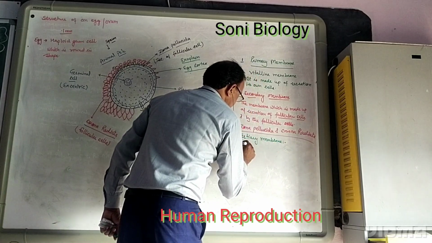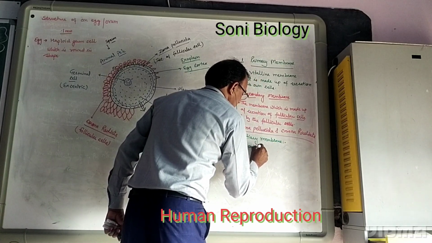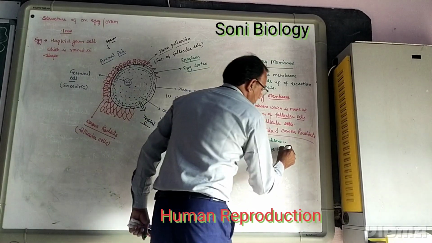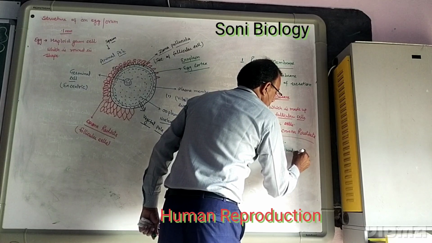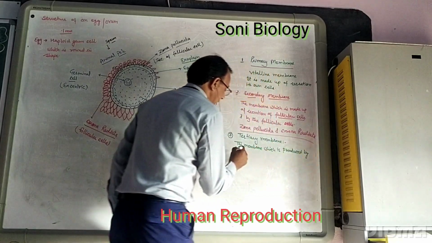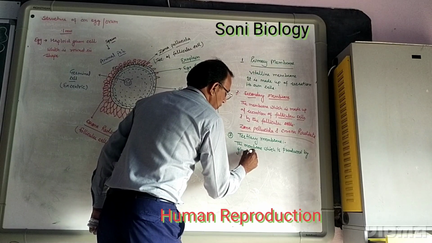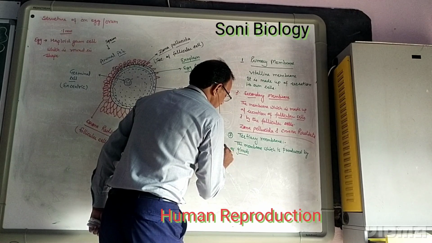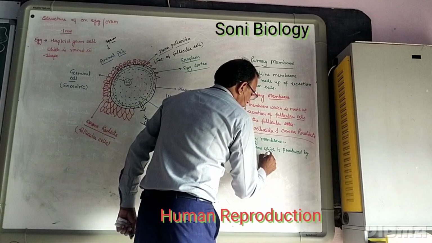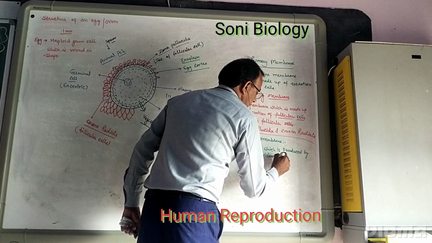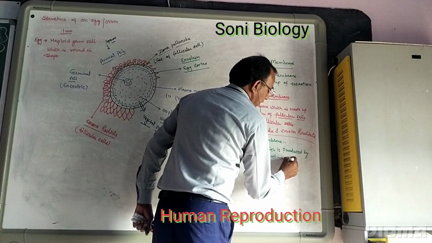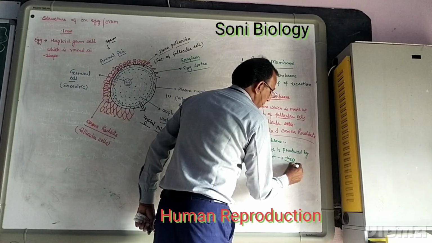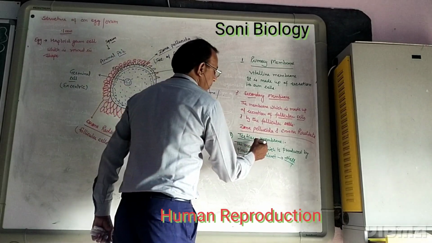The membrane which is produced by the secretion of glands in the oviduct, that layer is called the shell, and the membrane is called the tertiary membrane.